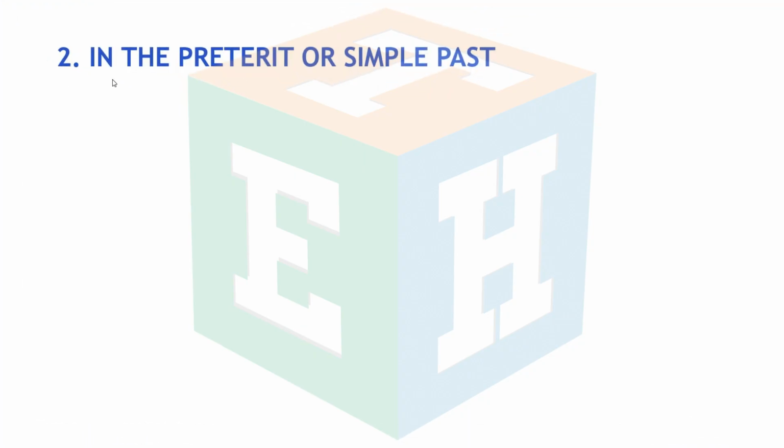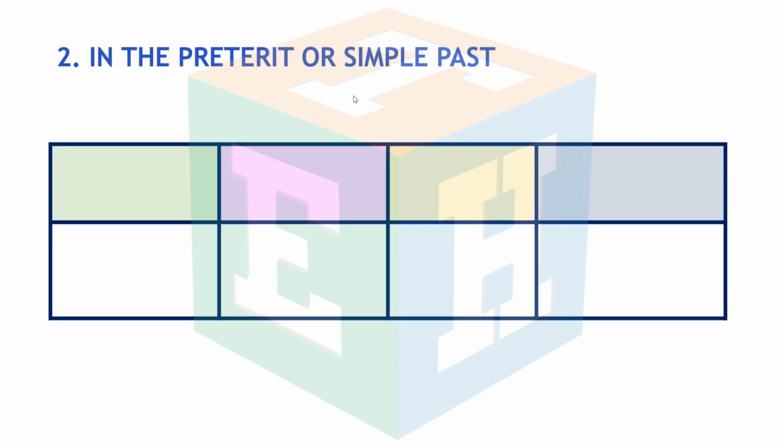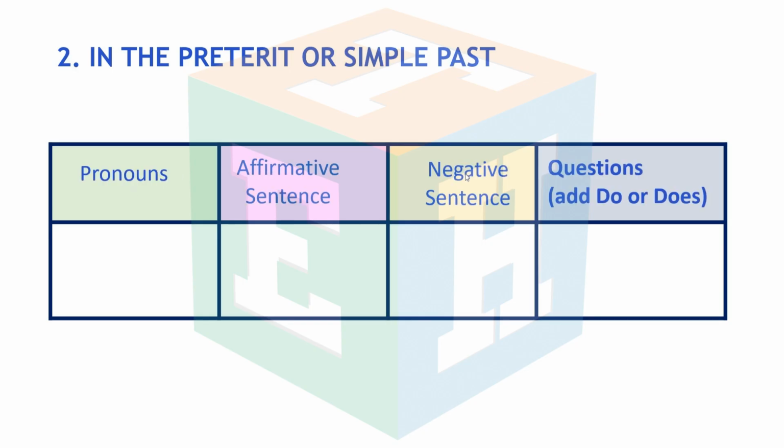Number 2. In the preterite or simple past. Pronouns, affirmative sentence, negative sentence, questions add do or does. Pronouns I, he, she, it, we, you, they.